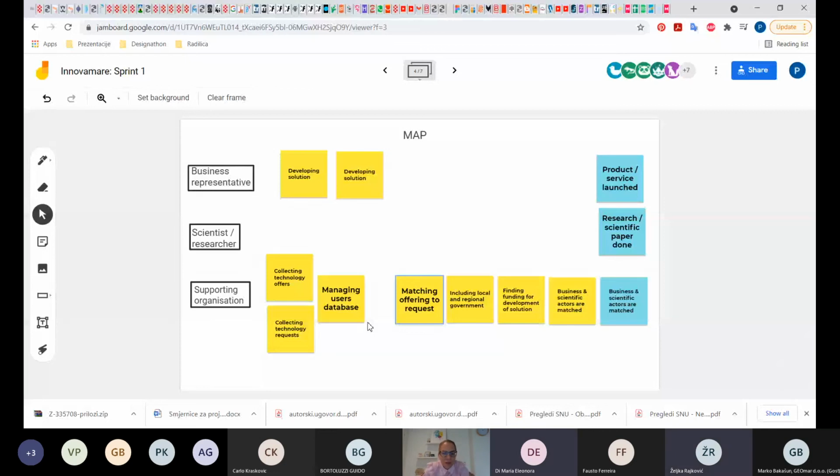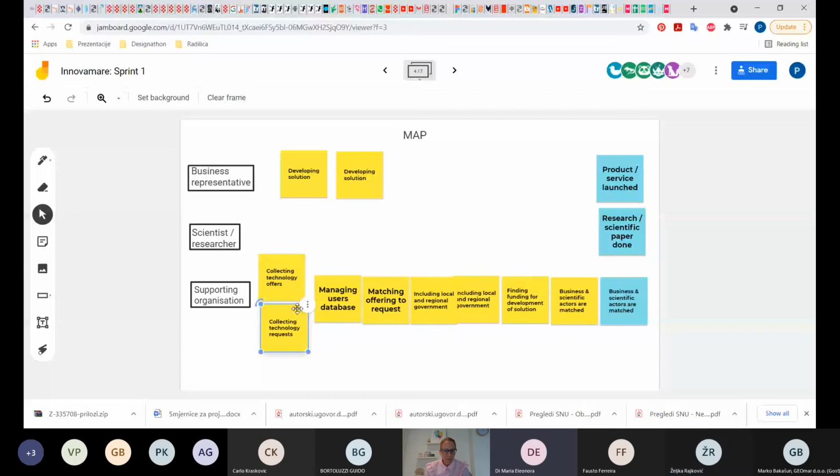Sorry, Petra, you think when we find the matching, we should interact more with the users? I think that matching works very well when both the demand and the offering side have a clear idea about what they are asking. Sometimes, by making interviews with some researchers or departments, there could be some potential, but they have no clear idea about what some technologies could do.